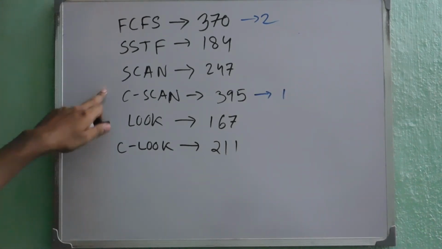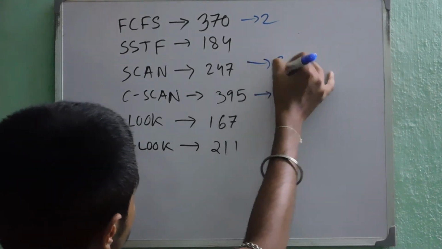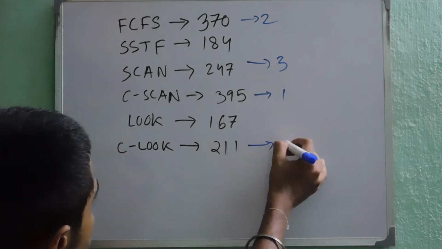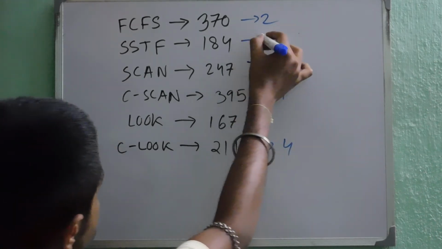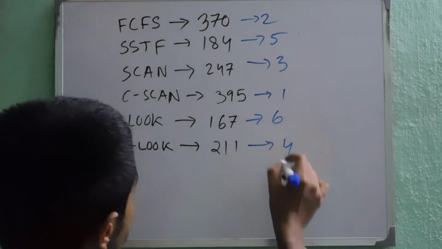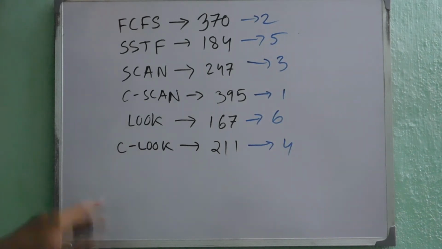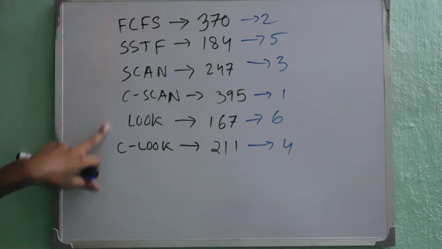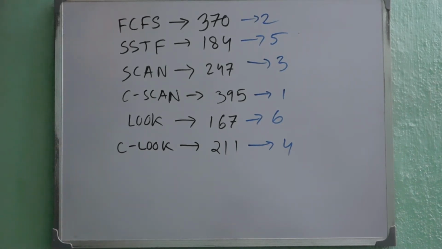Then we are having scan number 3. Then we have CLOOK number 4. Then SSTF number 5, and finally LOOK number 6. So the LOOK algorithm is the most efficient one among all these 6 algorithms. Okay, and the least efficient one is the C-scan algorithm in terms of total head movements.